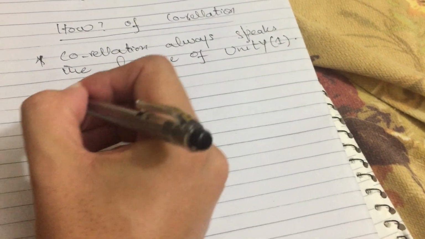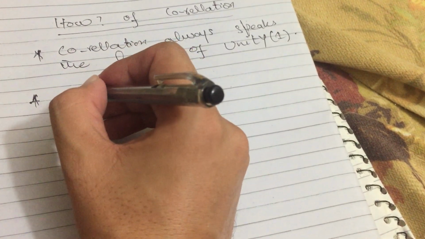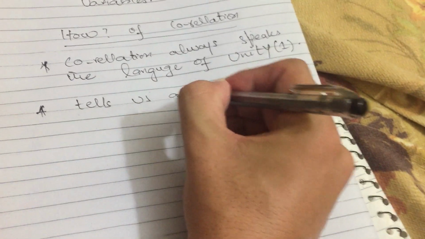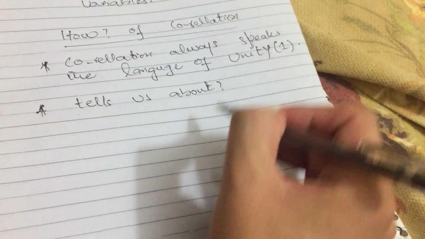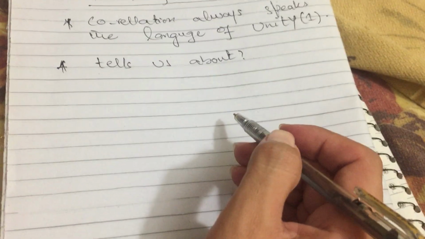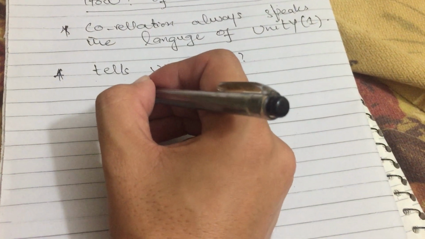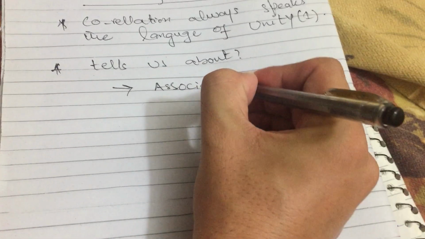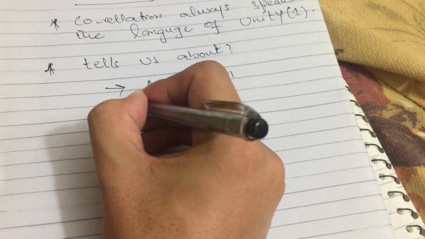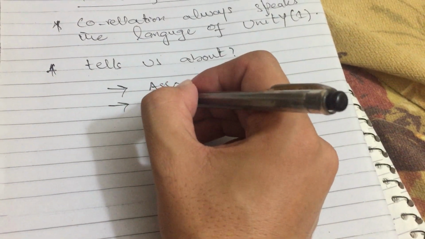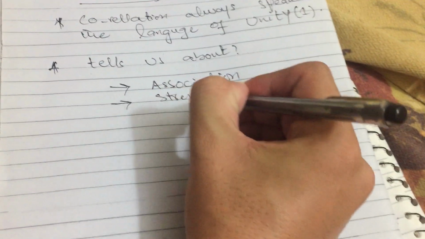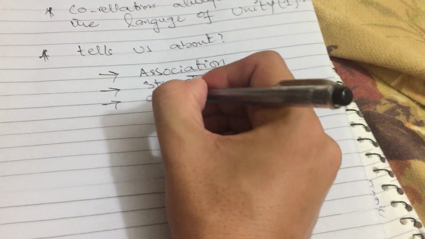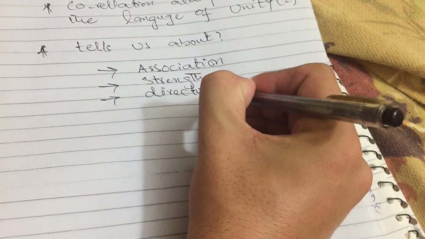The next point, what does the correlation tell us about? So correlation basically tells us about three main things. First is association. Next thing is strength, and the last is direction.